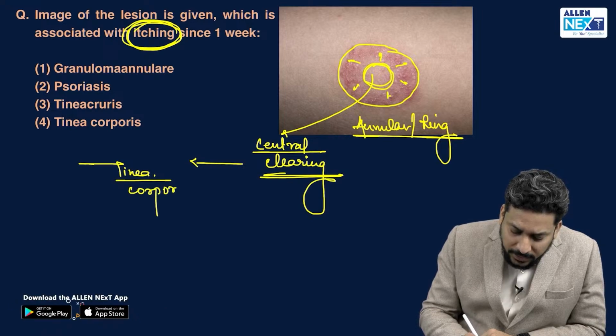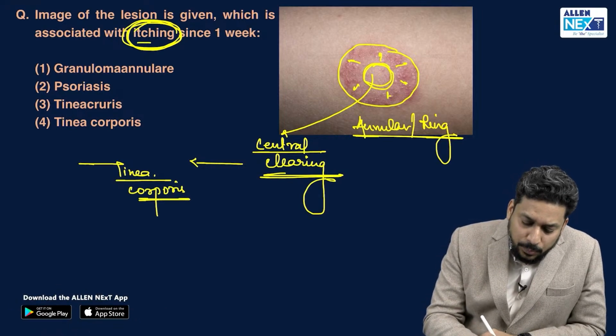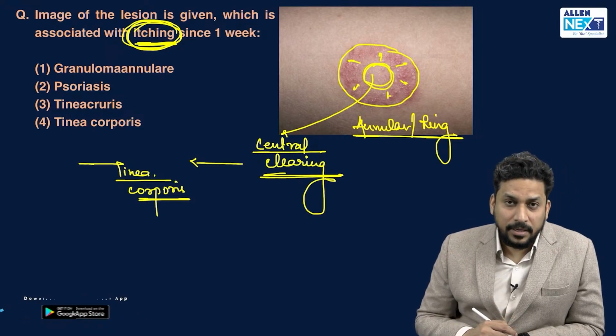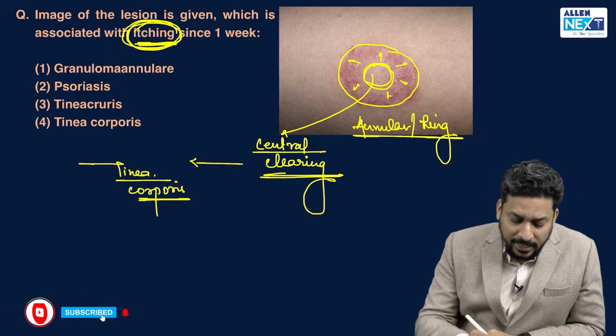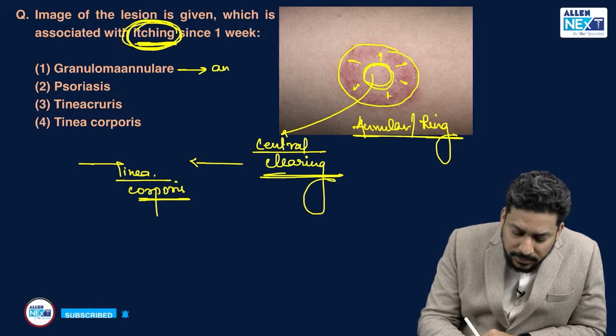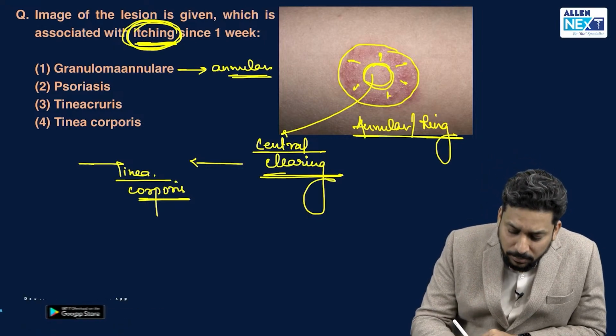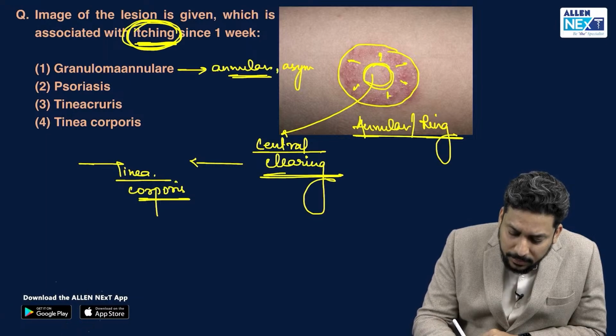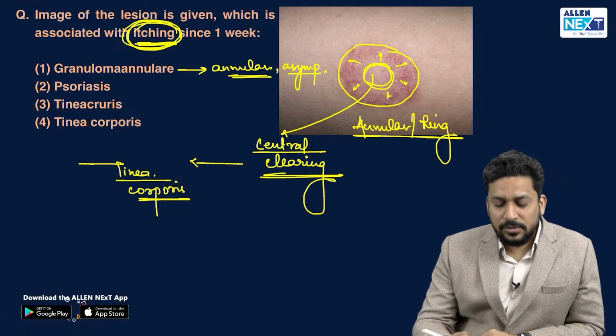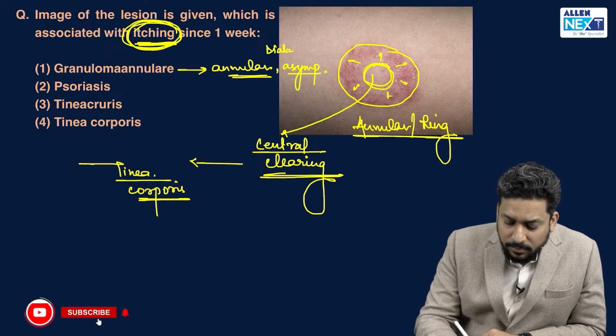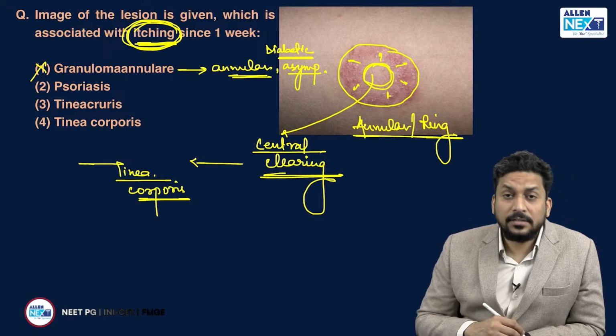And all of you know that tinea is very itchy condition. Okay. But remember that granuloma annulare can also present with annular lesion. So why this is not granuloma annulare? Because granuloma annulare are generally asymptomatic. And there is some predisposing factor like diabetes associated with it, which is not mentioned in the question. So that's why granuloma annulare is not the answer.